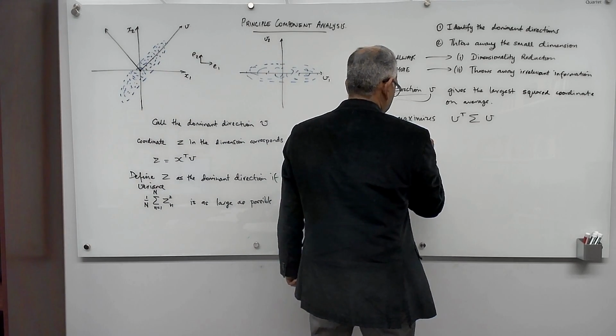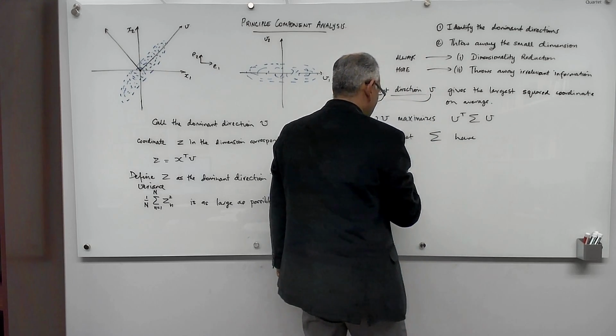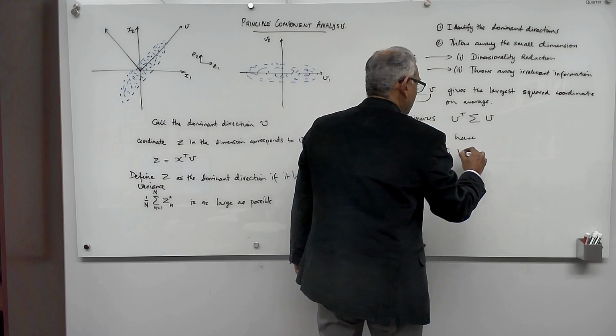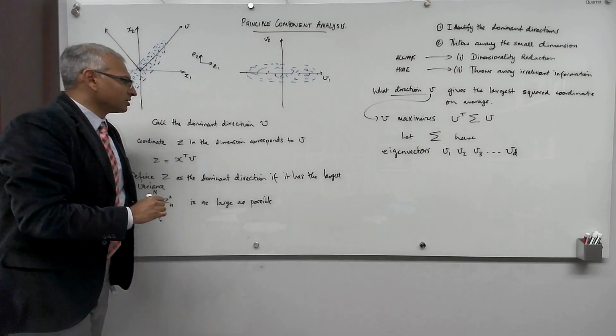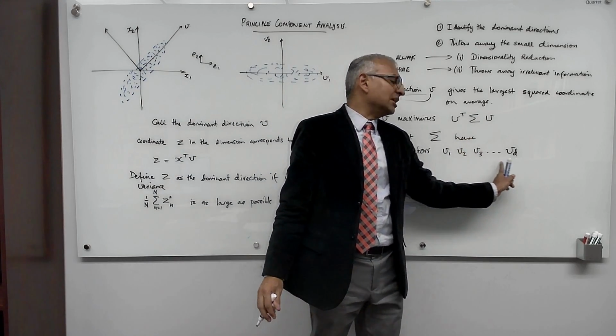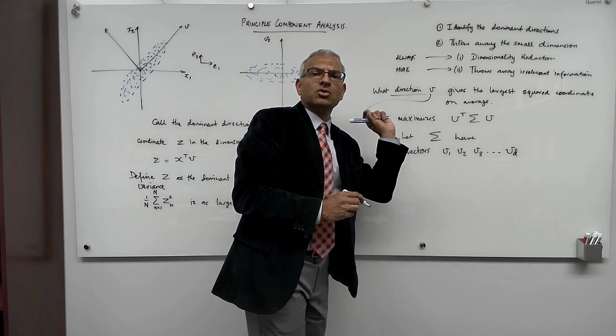So let the covariance matrix have eigenvectors v1, v2, v3 up to v sub d. If the data is d-dimensional, the covariance matrix is a d by d matrix, and so there'll be d eigenvectors and corresponding eigenvalues ranked in order of size.